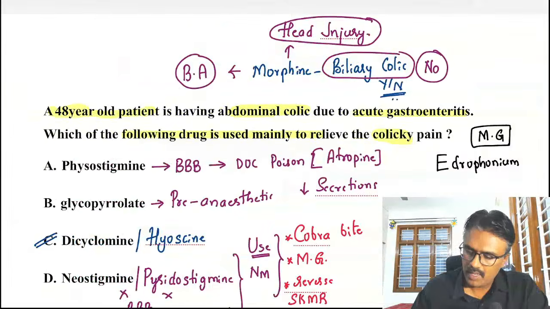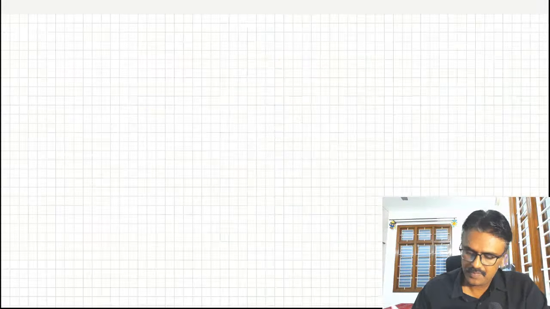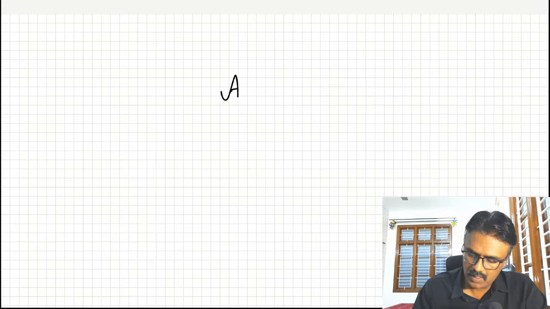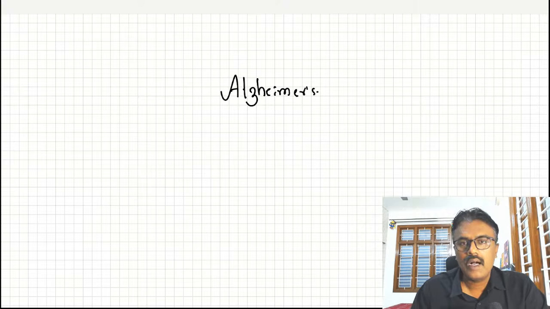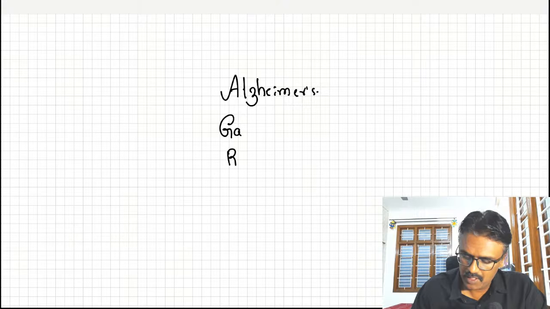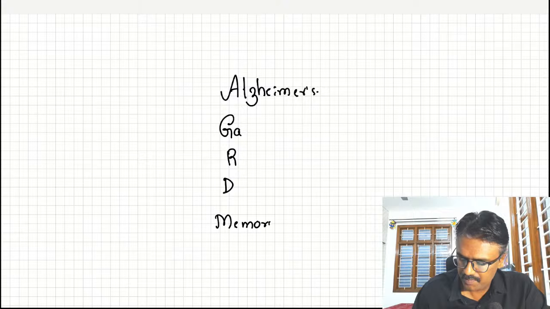Now I want to add some more here. What are the drugs used for a condition called Alzheimer's disease? Remember the mnemonic. The problem is memory, so the mnemonic is GRD, guard the memory.